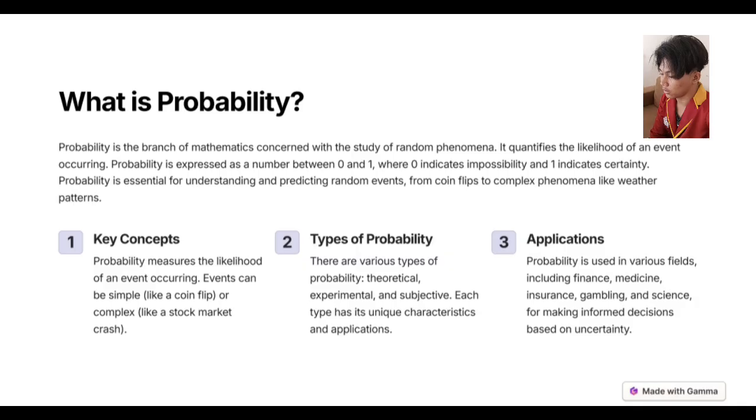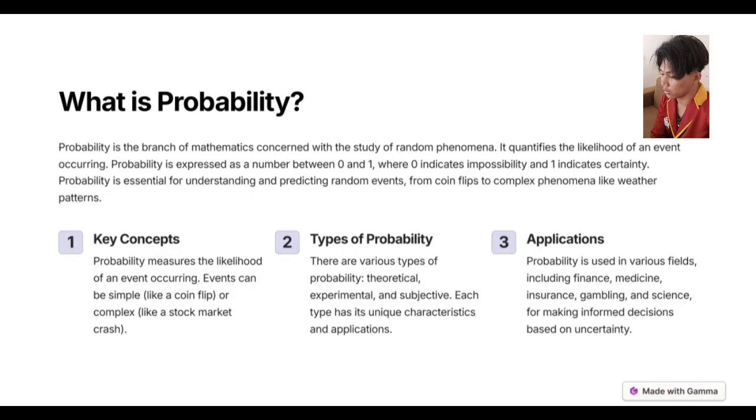Number one, key concept. Probability measures the likelihood of an event occurring. Events can be simple, like a coin flip, or complex, like a stock market crash. Number two, types of probability. There are various types of probability: theoretical, experimental, and subjective.